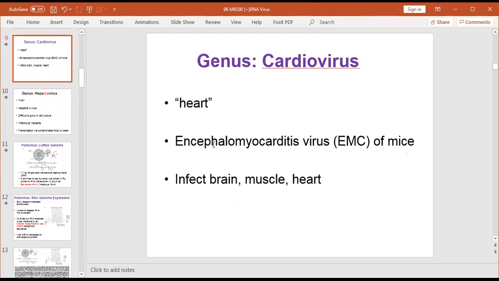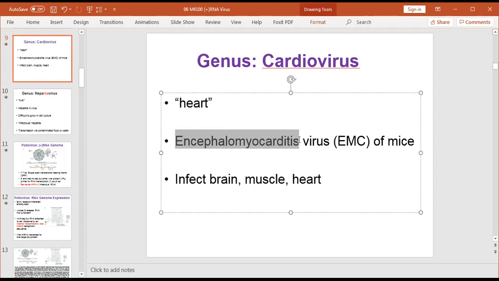In mice, it causes encephalomyocarditis. So there is a mouse virus within this family called encephalomyocarditis virus, or EMC. That's the name of the disease, encephalomyocarditis.